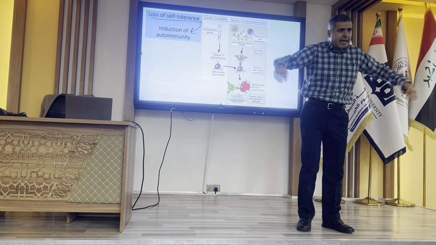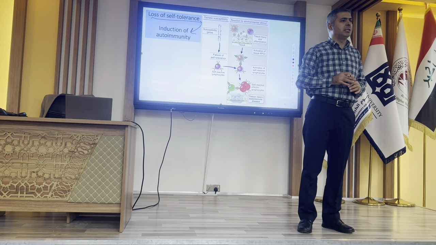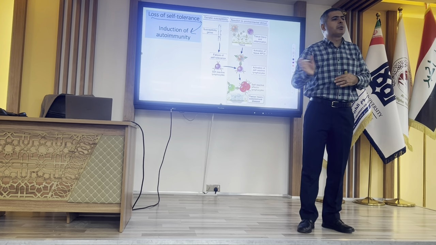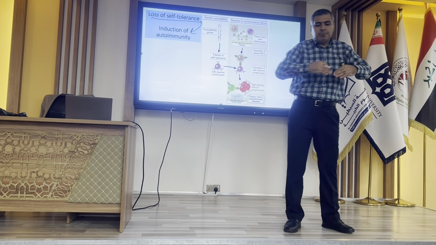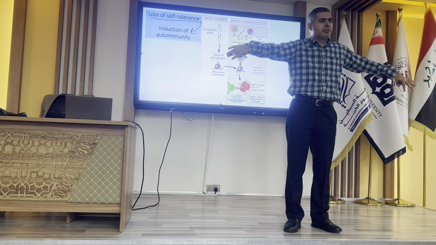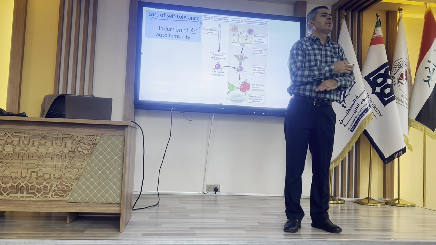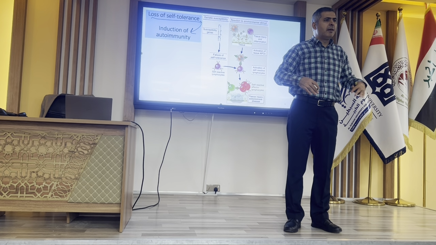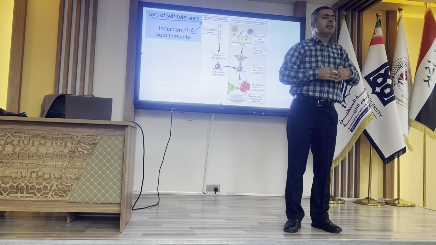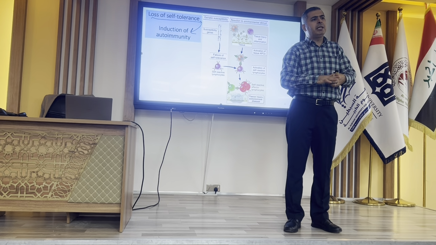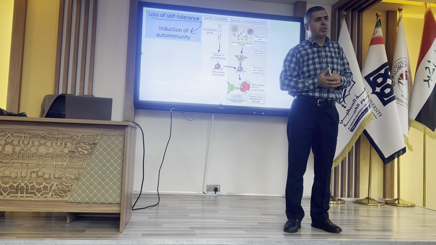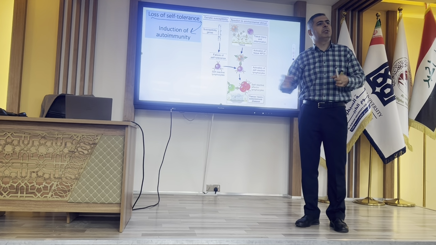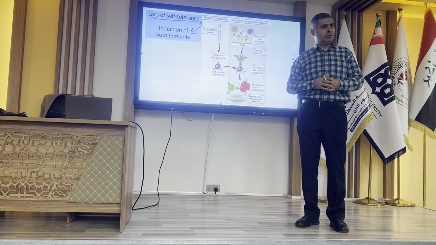They prevent the activation of some parts of the immune system in order to prevent autoimmunity. But when a person has a mutation in these regulators so that they cannot work properly, what will happen? When a regulator cannot work properly, it cannot stop the immune response. So we will have unwanted immune response. Okay, got it?